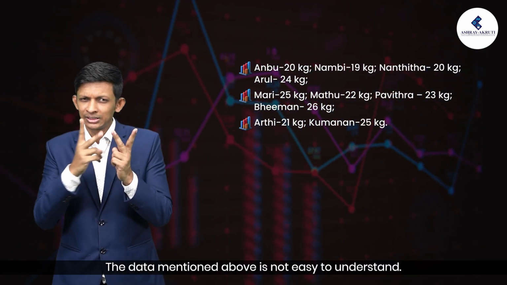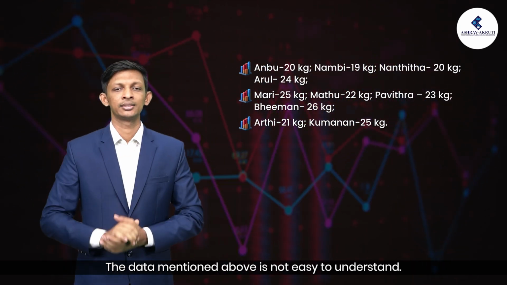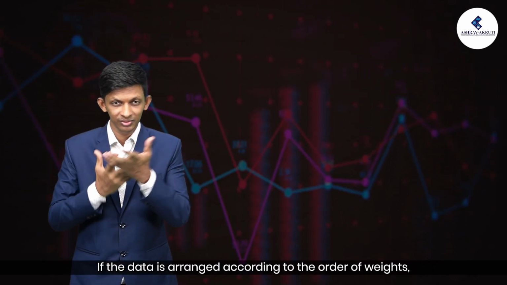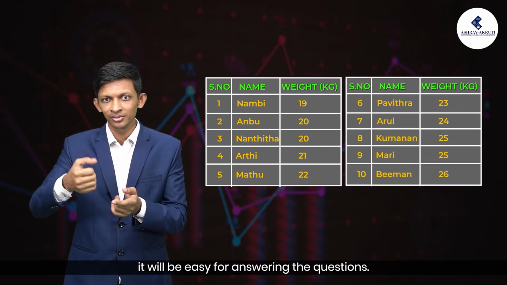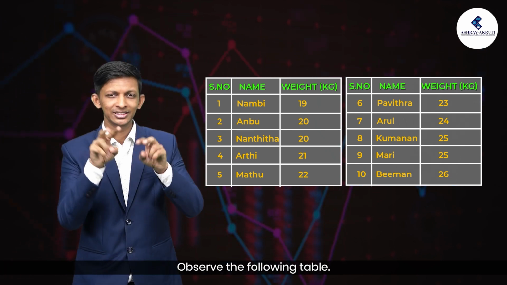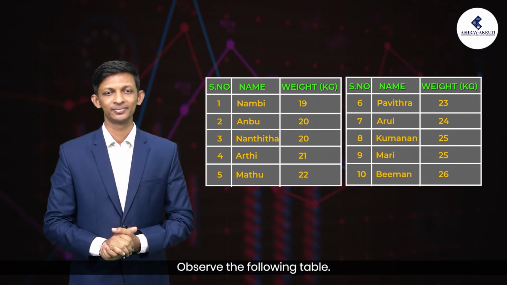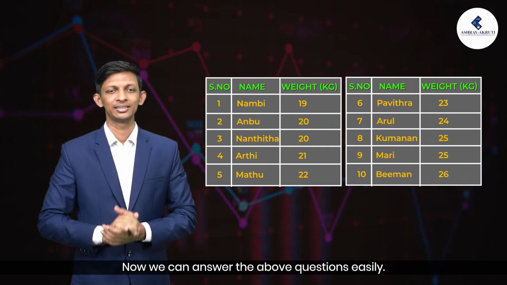The data mentioned above is not easy to understand. If the data is arranged according to the order of weights, it will be easy for answering the questions. Observe the following table. Now we can answer the above questions easily.